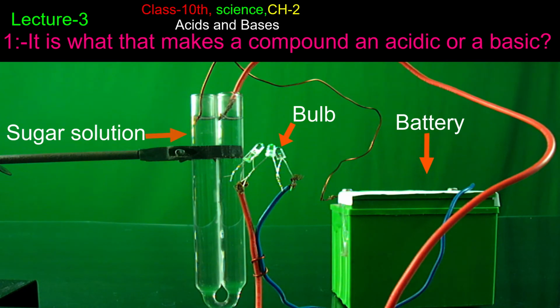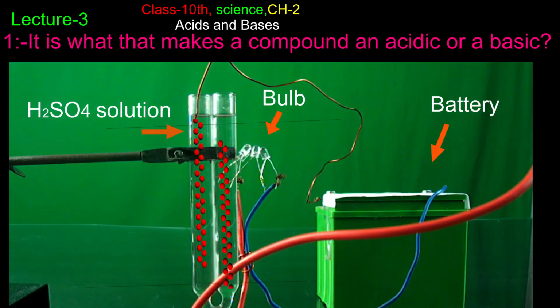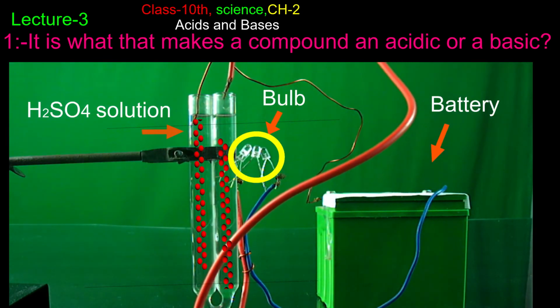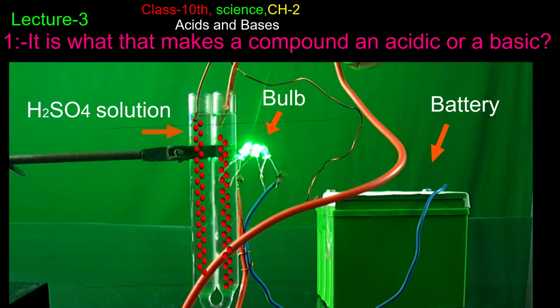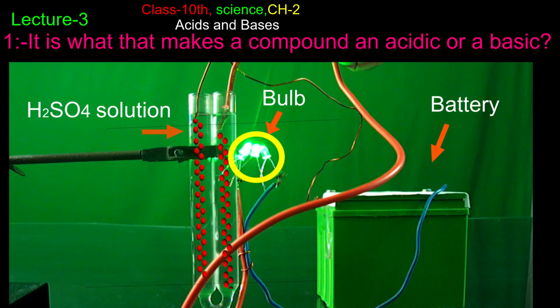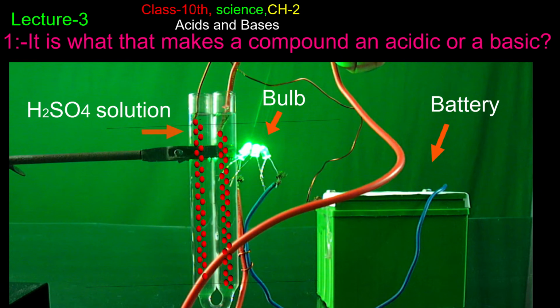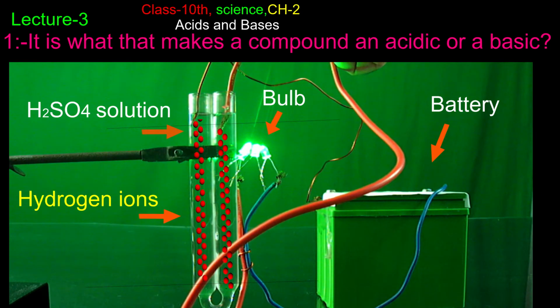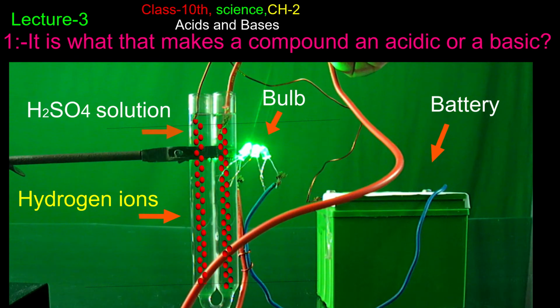But in aqueous HCl and aqueous H2SO4, you see it glows. It means aqueous solutions of acids contain ions, and one of these ions is hydrogen ion.